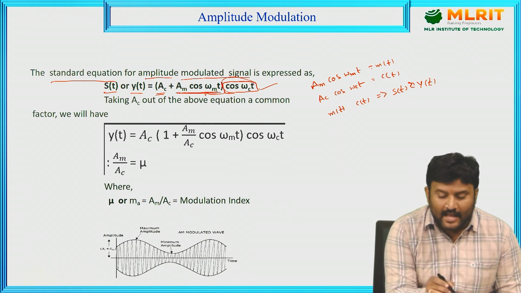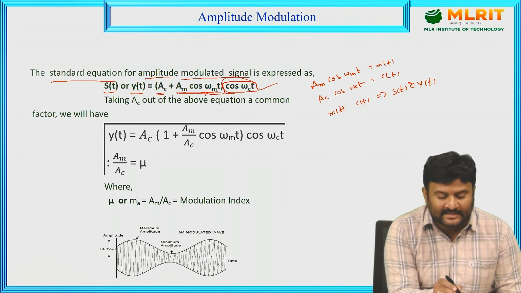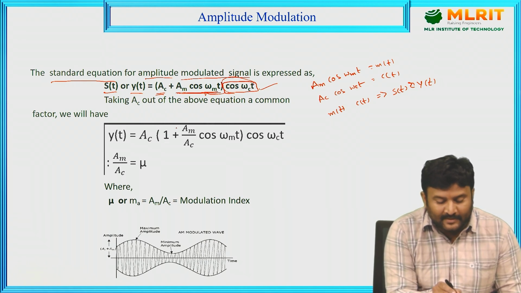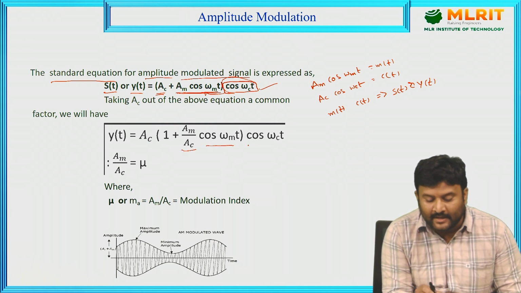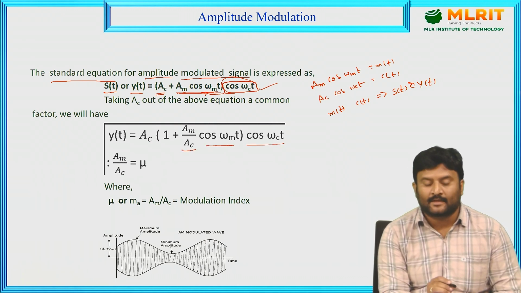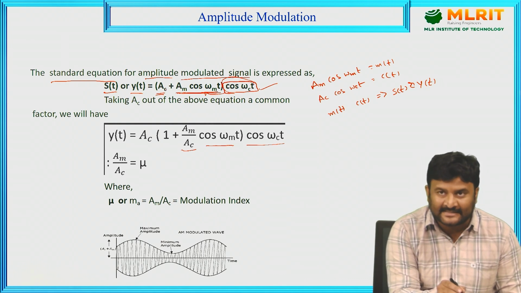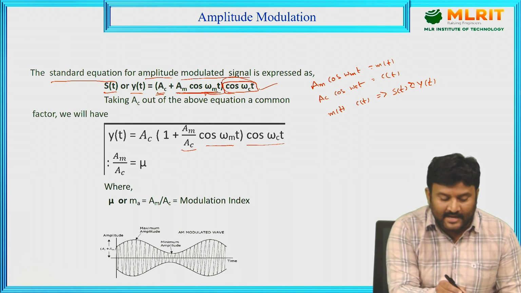Then here I am taking the common factor as Ac. Observe here, 1 plus Am by Ac cos ωmt into cos ωct. The only common factor is Ac, therefore Ac should be outside.